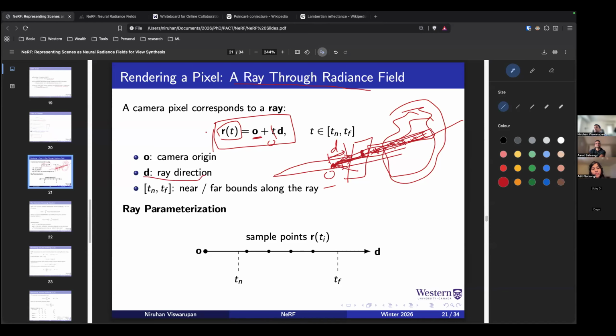So this is just a diagram of the parameterization. This is the origin. This is the direction, which we can look at as a unit vector, and then there are two bounds, near boundary and far boundary, and we are interested in points between them. Yeah, got it.